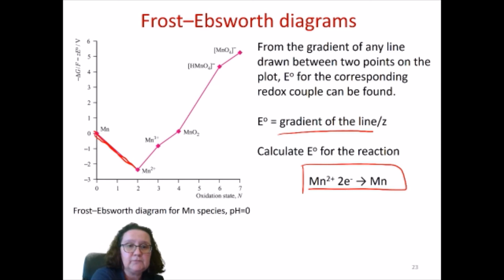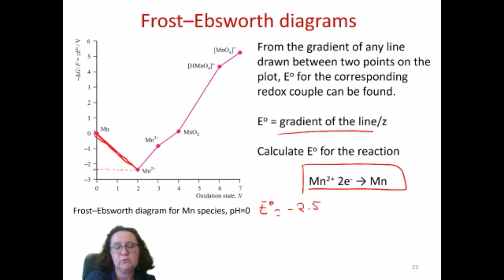So the final point would be roughly minus 2.5, give or take. That's the y coordinate. The y coordinate for manganese is 0. And the number of electrons exchanged in this particular reaction is 2.